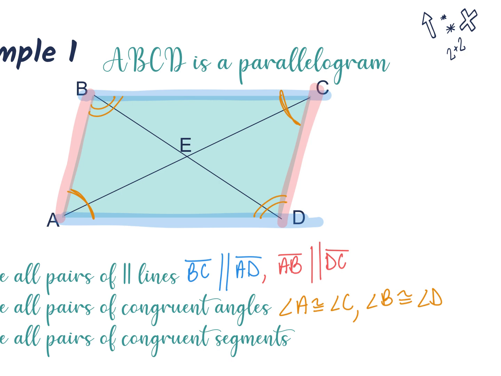I can't say angle E is congruent to angle E. How would I name them? Vertical angles are congruent. Angle BEC is congruent to angle DEA.